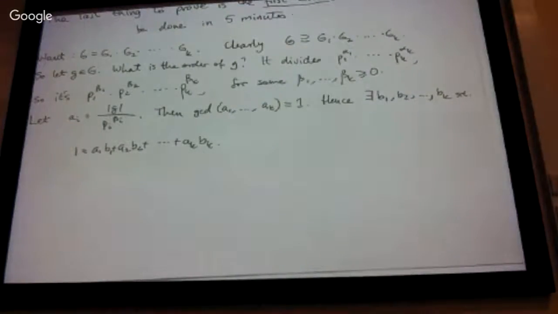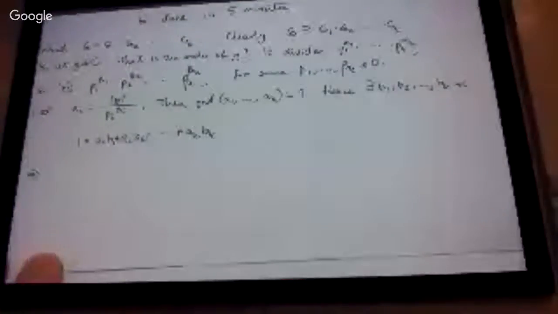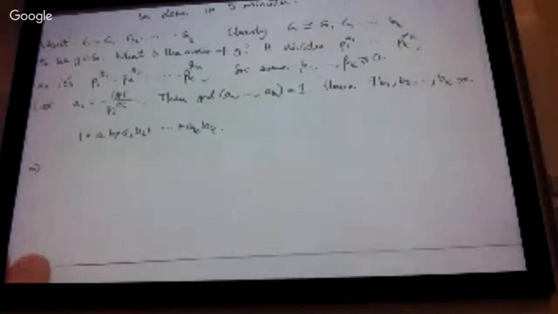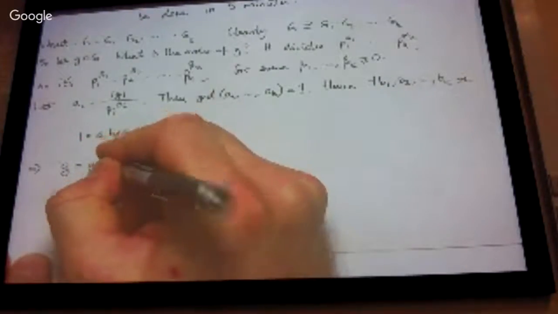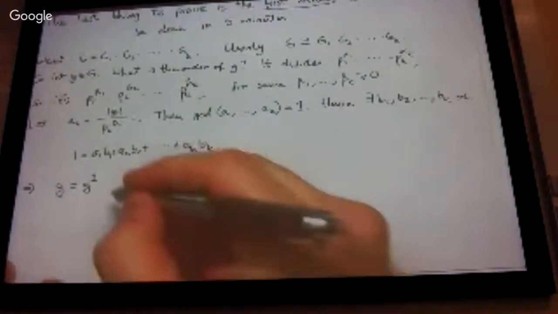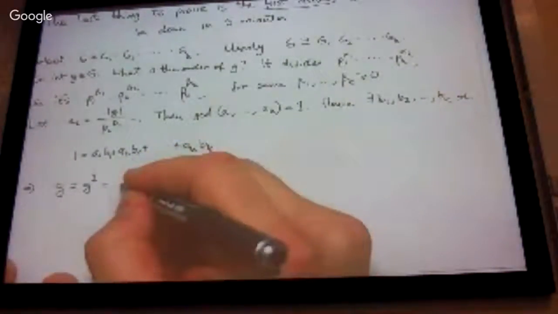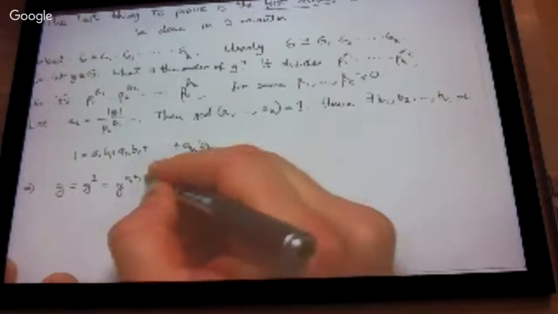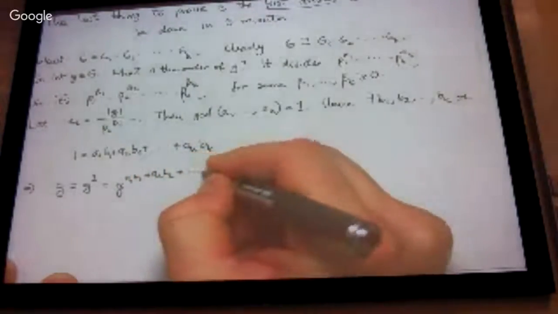But then, what is g? Well, g is g to the 1, is it not? It is. So it's g to the A1B1 plus A2B2 plus up to AkBk.